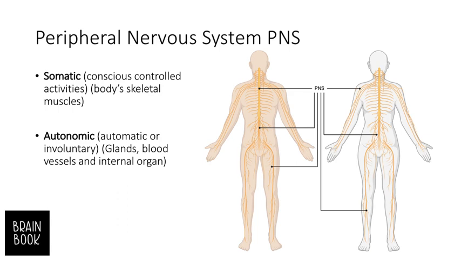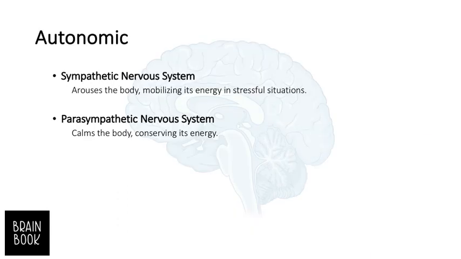As you can see here in the picture, the PNS is shown where the peripheral nervous system exists throughout our body. And the autonomic nervous system, which was automatic, has two divisions: the sympathetic nervous system and the parasympathetic nervous system.